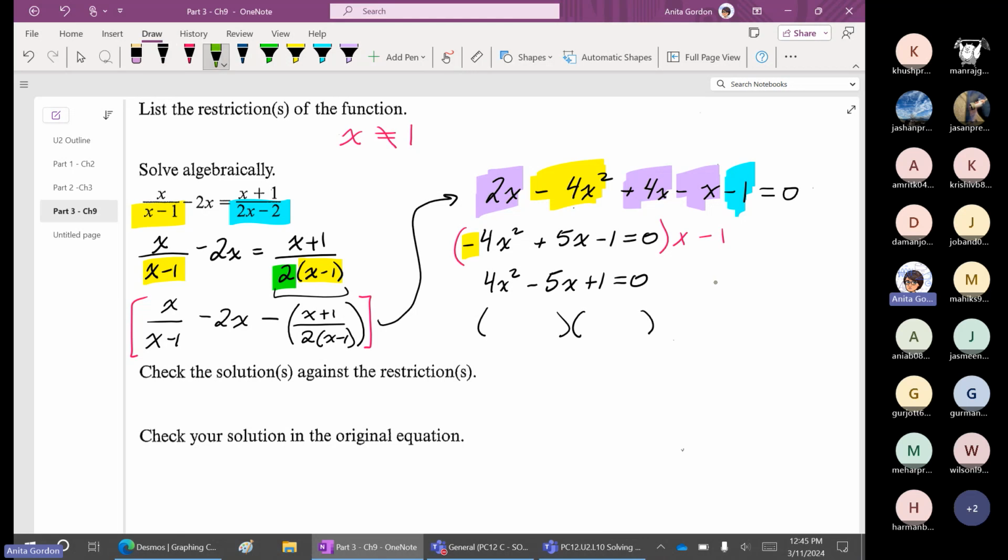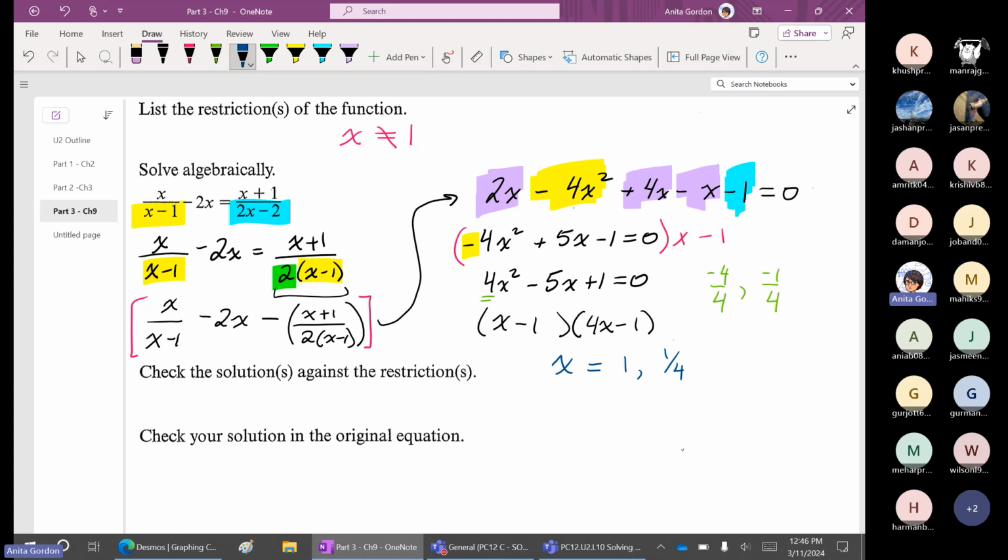What two numbers fit that description? -4 and -1. However, I have a leading coefficient of 4, so I must divide both of these by 4. So my factors are going to be x minus 1 and then 4x minus 1. So my solutions are x could be 1 or 1/4.